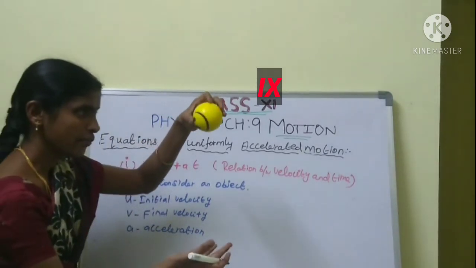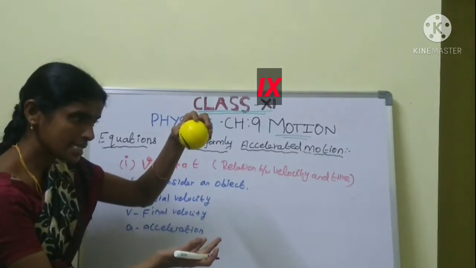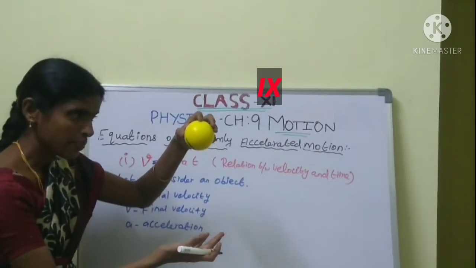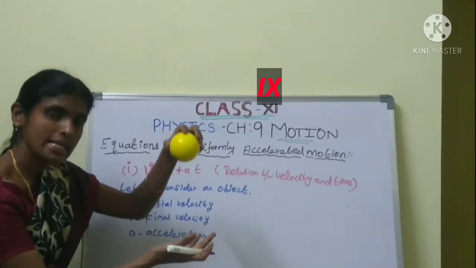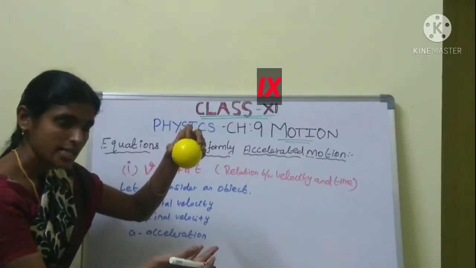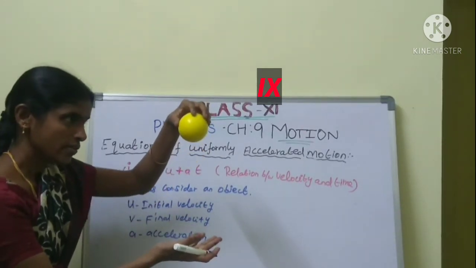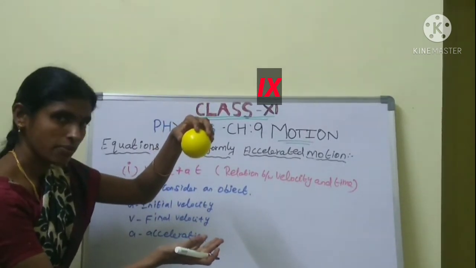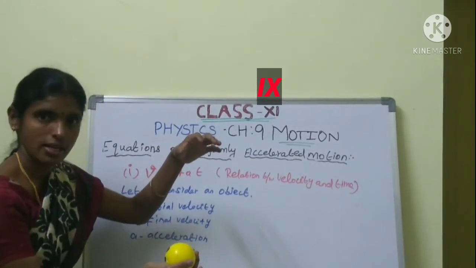Whenever we leave the ball, the velocity increases by an equal amount in equal intervals of time. That is the uniformly accelerated motion. See here, we leave the ball from my hand and it is going to reach the ground.